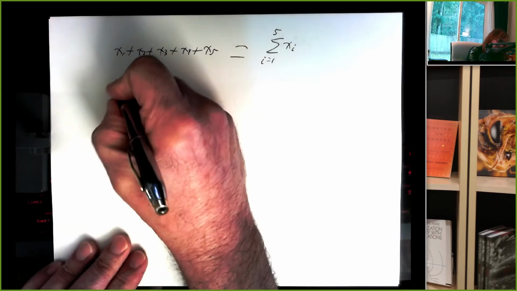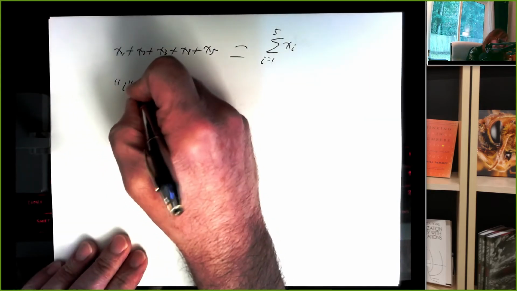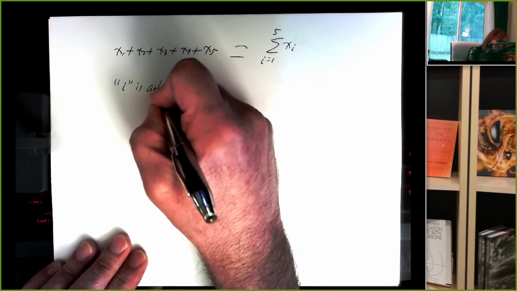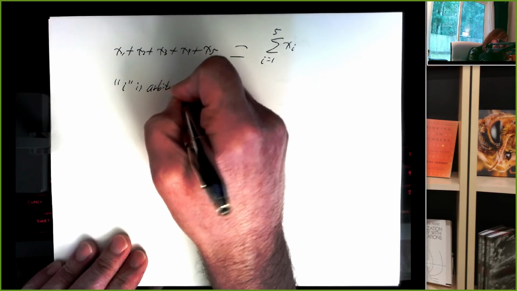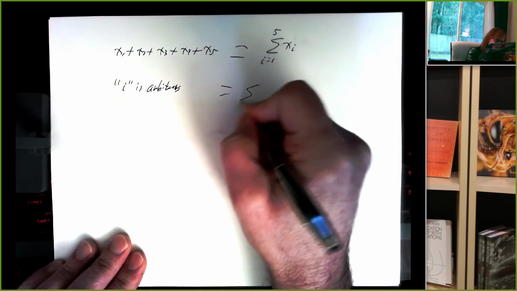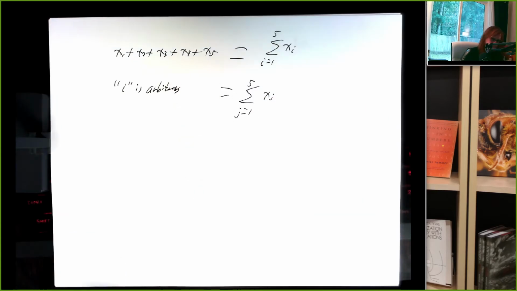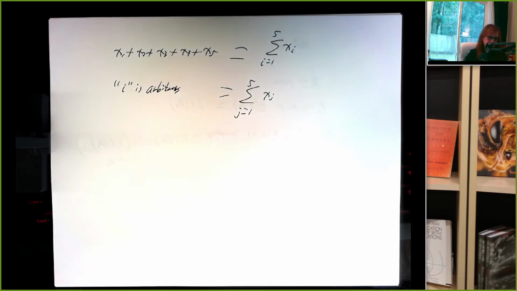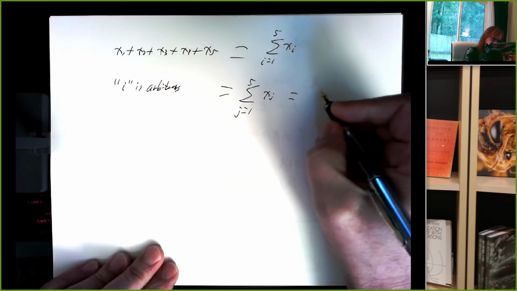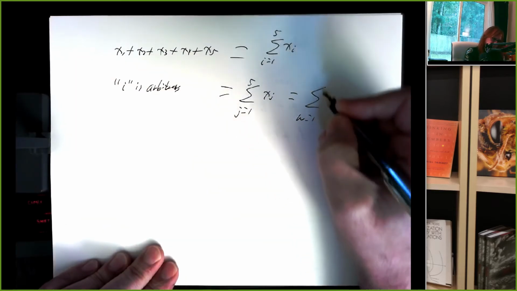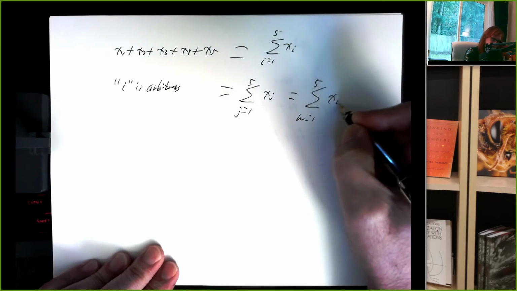And just like when we do this in a for loop, the symbol i is arbitrary. This is also equal to the sum from j equals 1 to 5 of x sub j. It's also the sum from w equals 1 to 5 of x sub w.